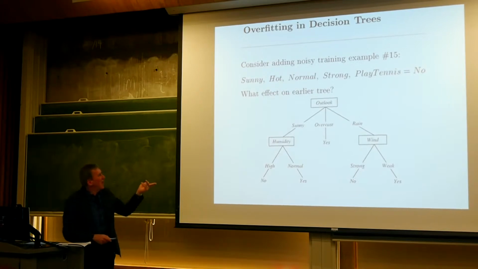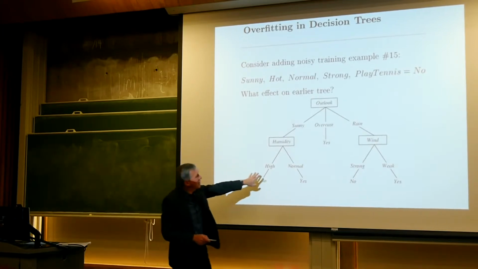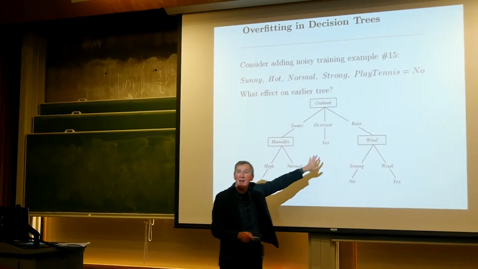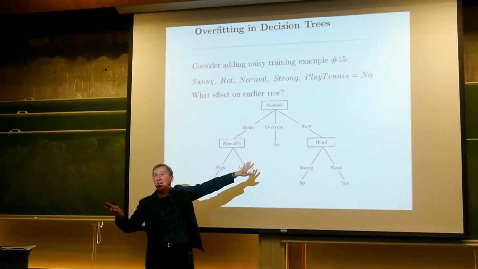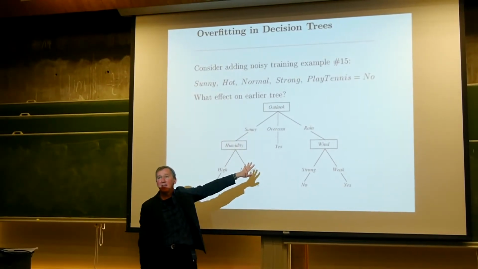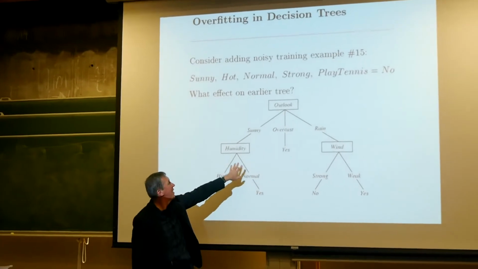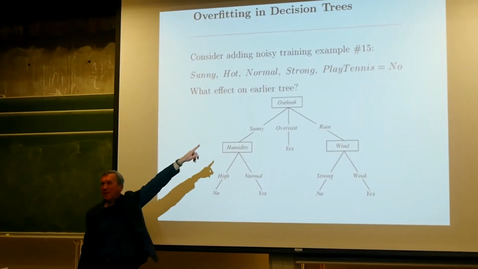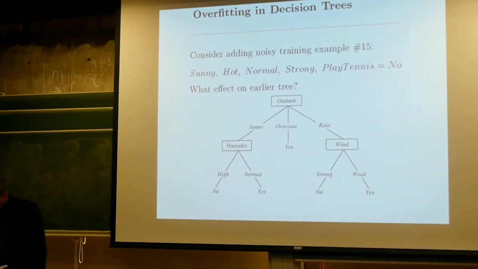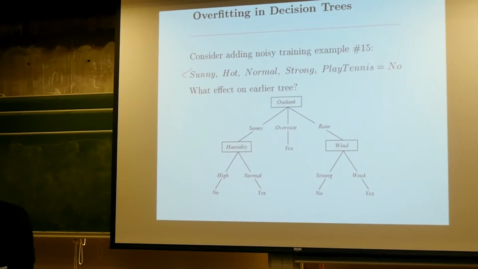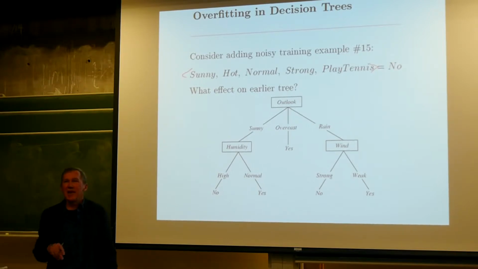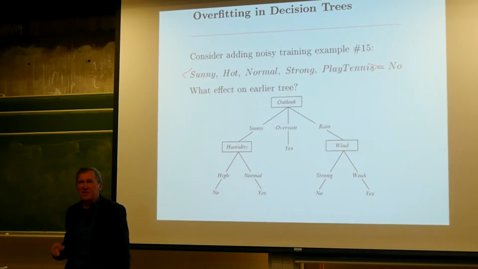For example, imagine that here's our tree that we talked about last time that fits those 14 training examples. What if I add a 15th training example, this one here, and it is incorrectly labeled by the trainer? There's noise in the labels.